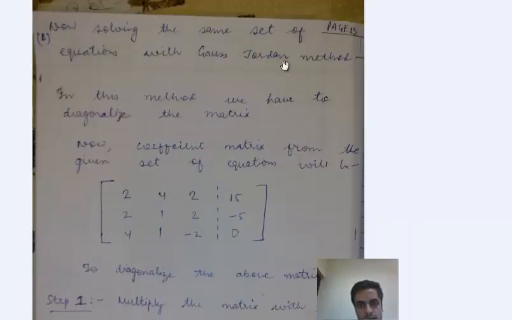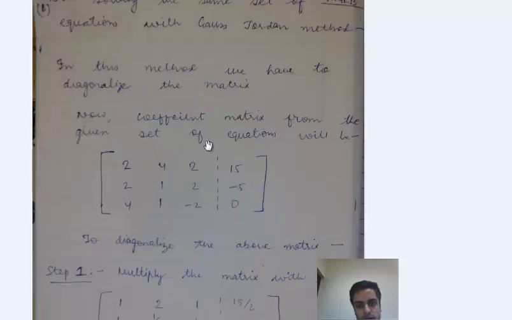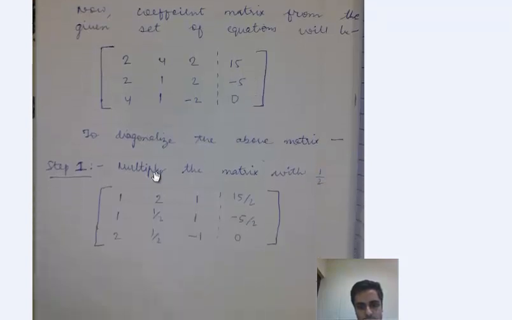Now solving the same set of equations with the Gauss-Jordan method. In this method we have to diagonalize the matrix first. Now the coefficient matrix from the given set of equations will be this. As you can see, to diagonalize the above matrix, step 1 is to multiply the matrix with 1 by 2, we get this matrix.